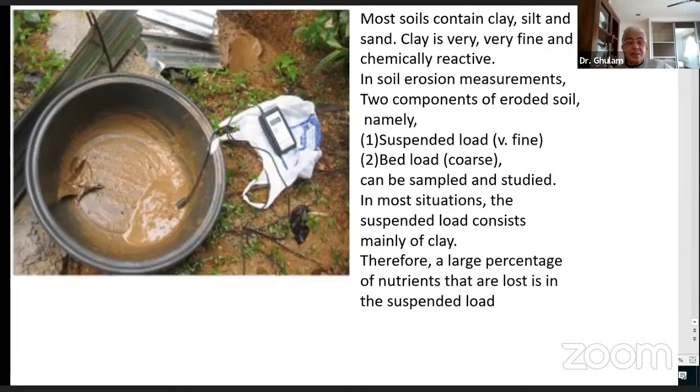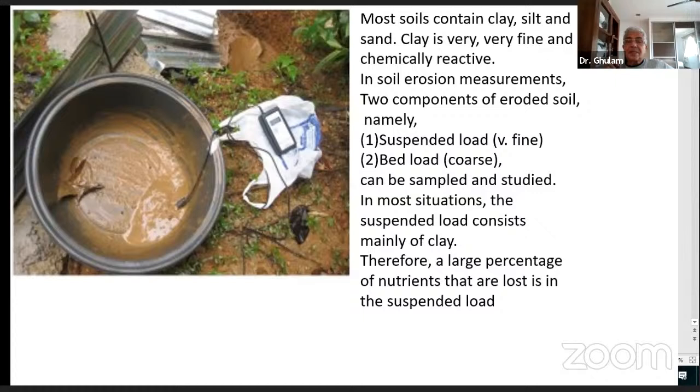And among these three, clay, silt, and sand, they differ greatly in the size of the particle. Clay is very, very fine. It is also different in mineralogy.